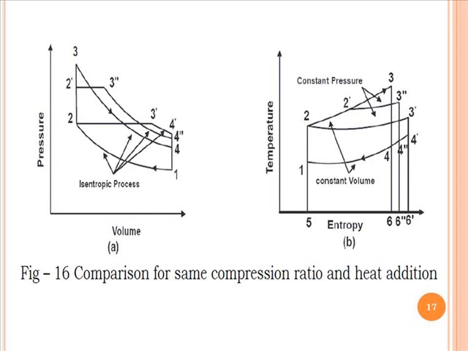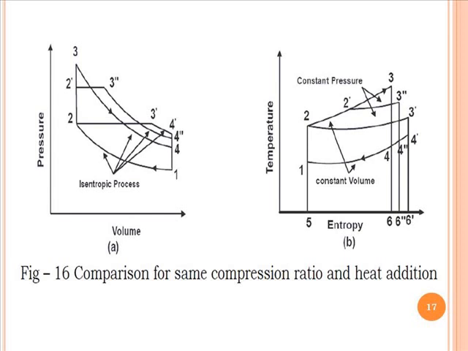But when you refer to the TS diagram, you can see that for the same heat input, the heat rejection in Otto cycle is minimum, whereas the heat rejection in case of diesel cycle is maximum. The Otto cycle is represented with the area 5, 1, 4, 6, whereas the diesel cycle is represented with the area under 5, 1, 4 dash, 6 dash.